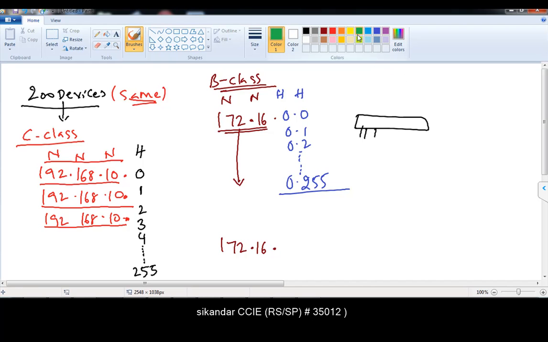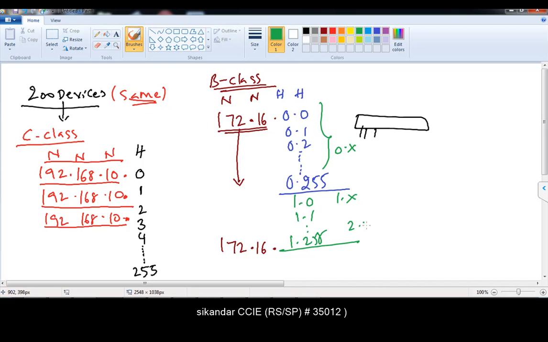After this, we can continue with 1.0, because once you finish 0.x, you can start with 1.x, where x represents any number from 0 to 255. So I can say 1.1, 1.2, up to 1.255.